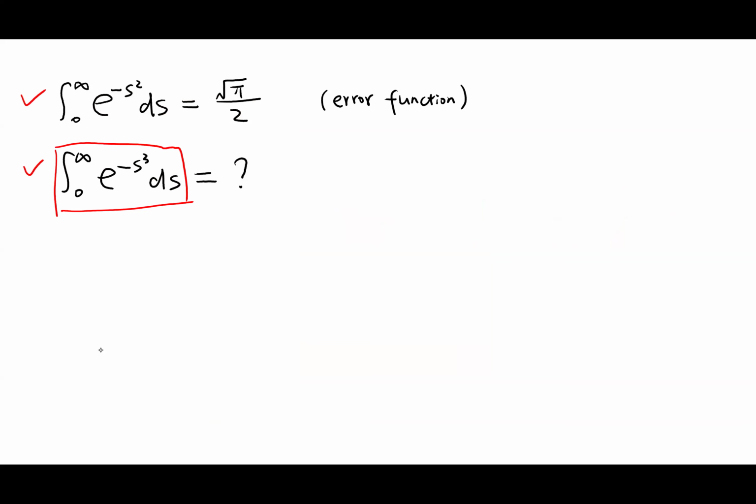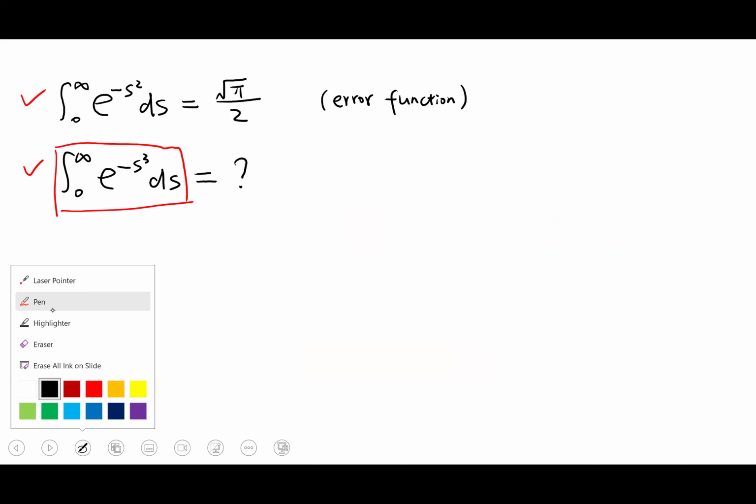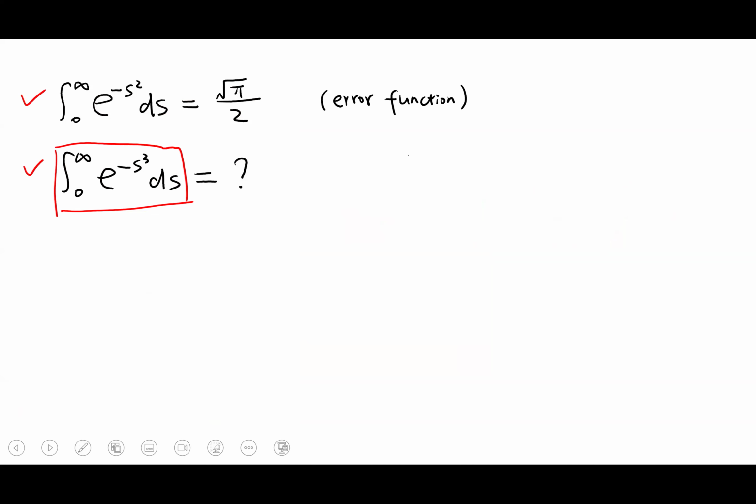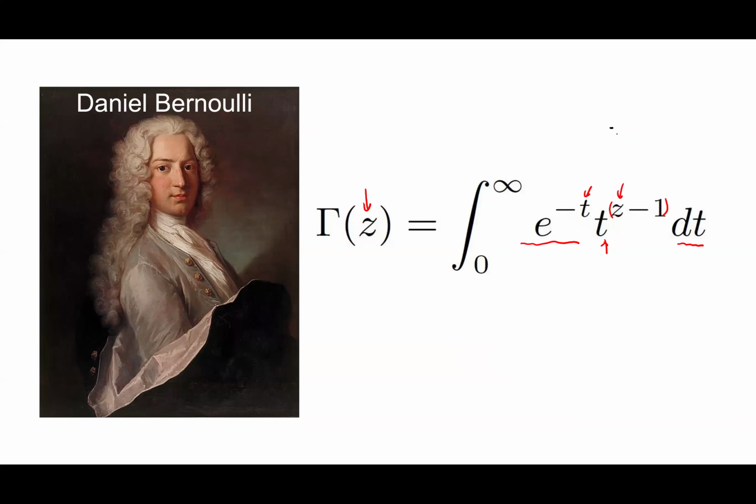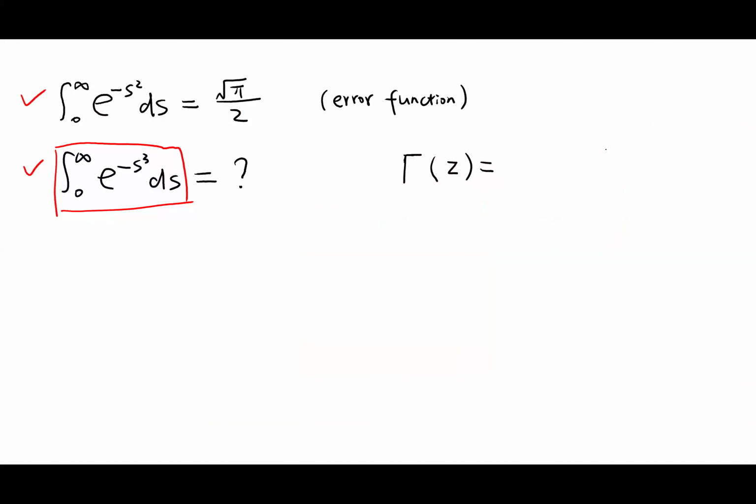So let's write down the gamma function on this page. The gamma function was defined as gamma, the Greek letter gamma, of whatever z you have. The z here must be larger than 0.